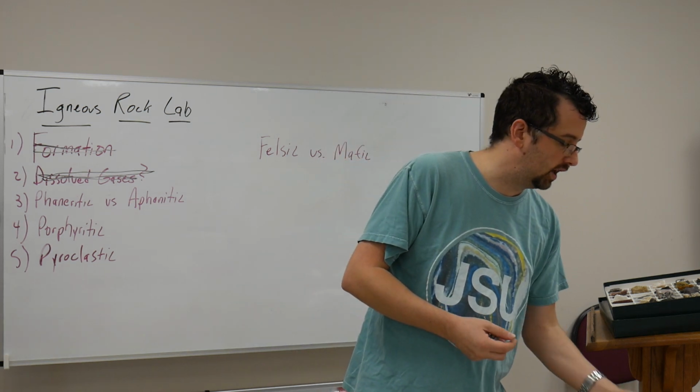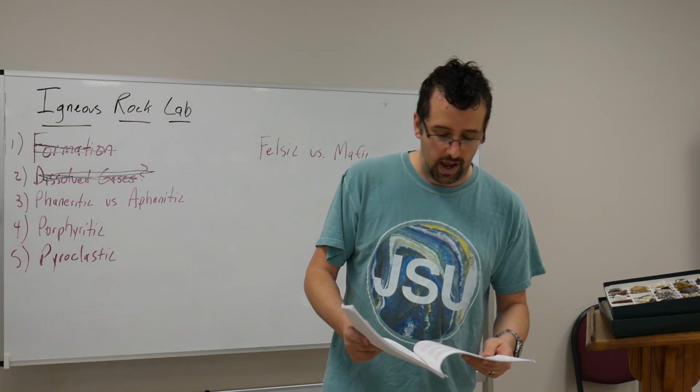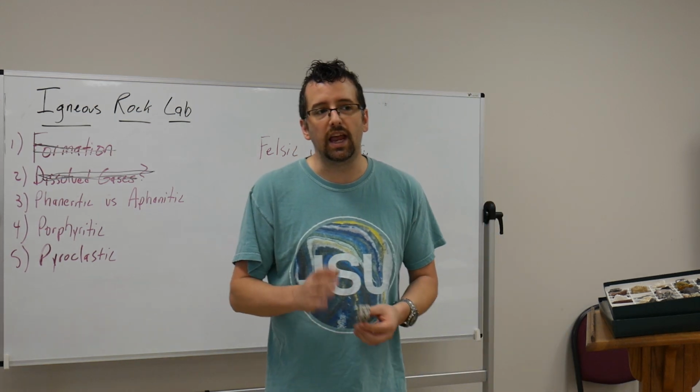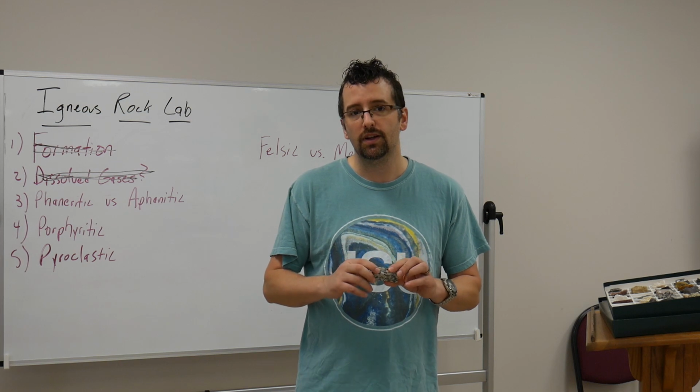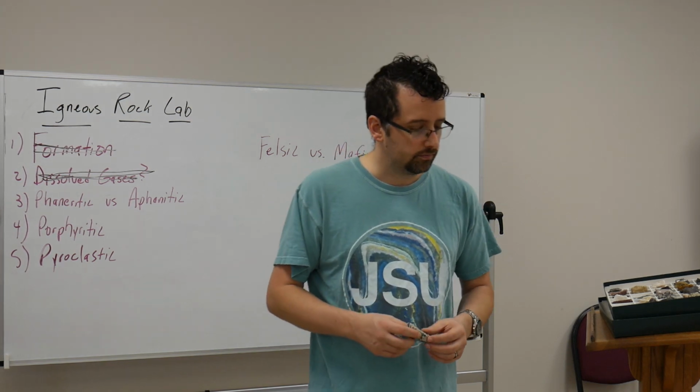If you look in your lab manual, you will see it talks a little bit about the Roman gods, how it was named for Pluto, and this is generally done intrusively. So that means that these most likely cooled inside the earth. Okay. All right.